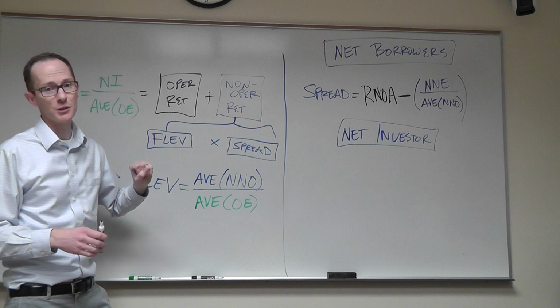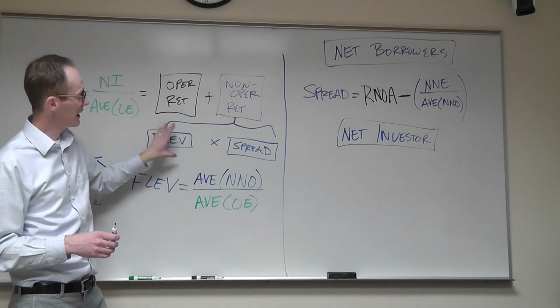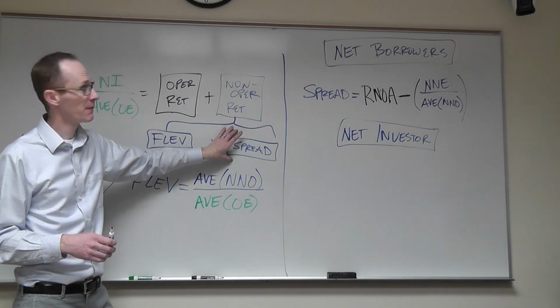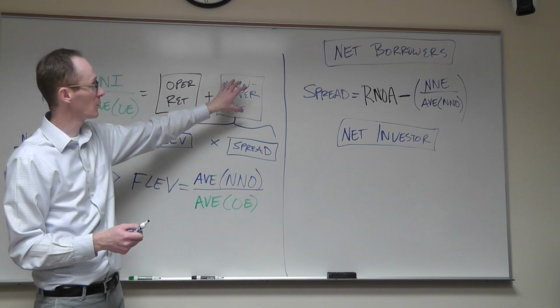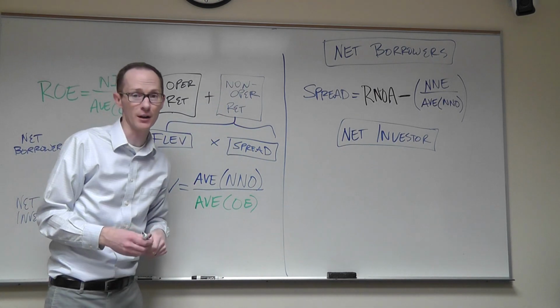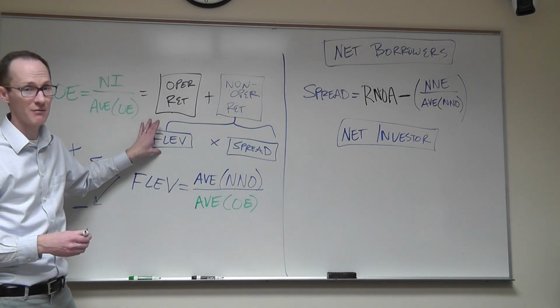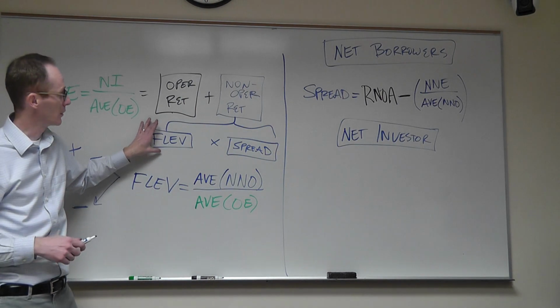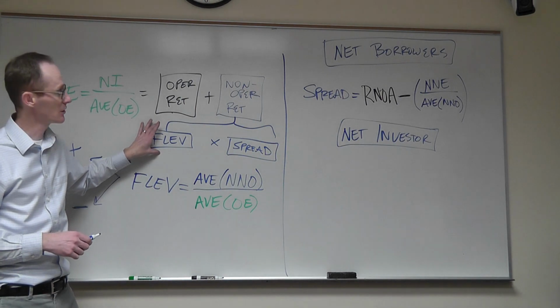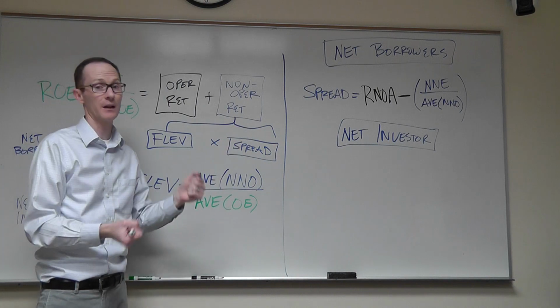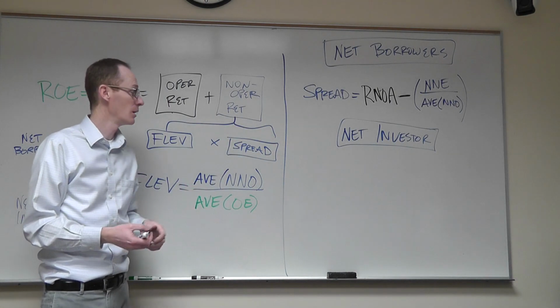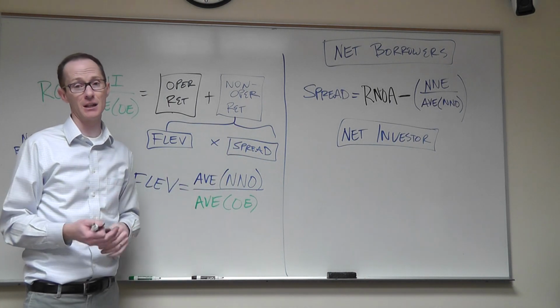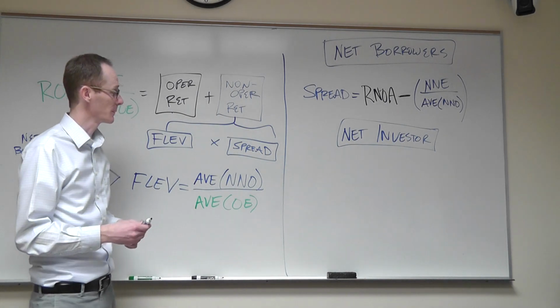Our non-operating return: when you multiply FLEV and spread together, that is your non-operating return. FLEV is how much they've borrowed, if they're a borrower, or how much they've invested, if they're an investor. And spread is how well they've borrowed, if they're a borrower, or what they're sacrificing in returns, if they're an investor.